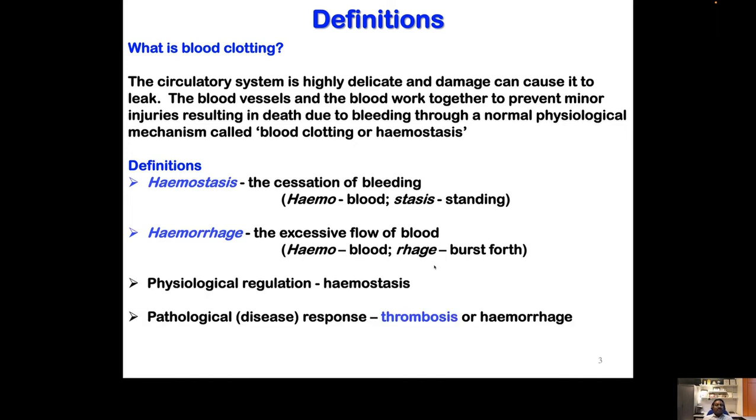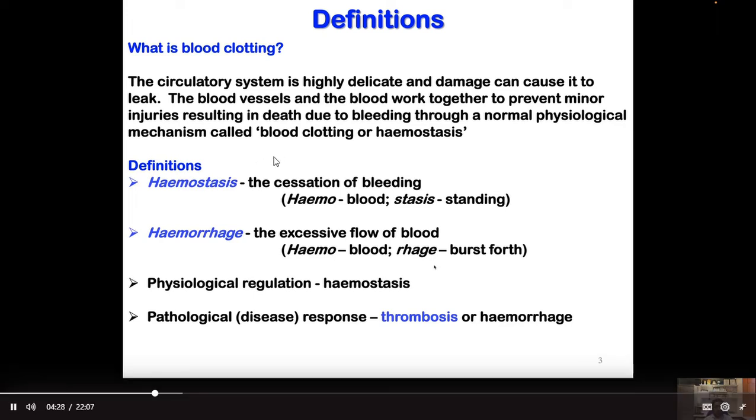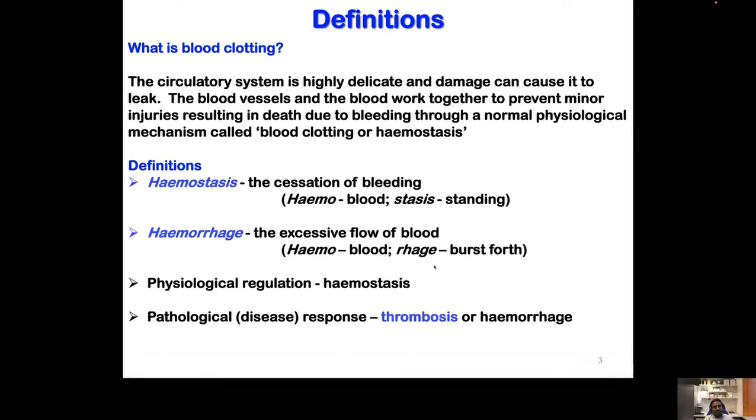So hemostasis is physiological blood clotting. If the same blood clotting happens under pathological conditions or a disease condition, then it is called thrombosis. You need to remember that both are blood clotting. One happens upon injury, at the injury site, to prevent excessive bleeding. That's a physiological response to injuries, and that's what is called hemostasis.